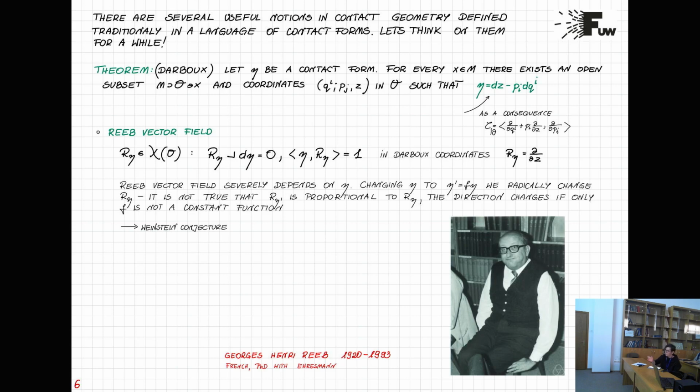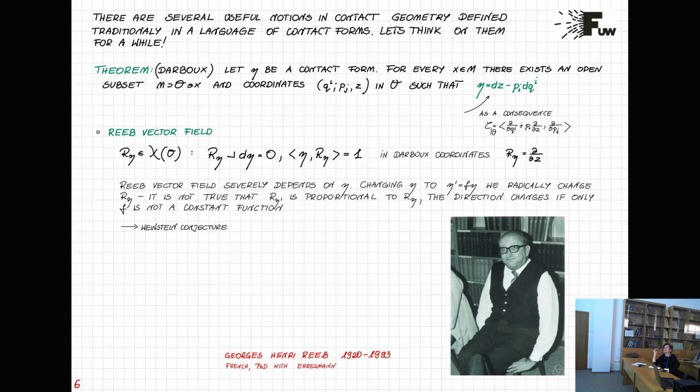We still have to fix a scale, so in a sense a length of this vector field, and the scale is fixed by stating that when contracted with the contact form itself, it should give 1. And we can easily see that in the Darboux coordinates, it is just a vector field in the direction of the z coordinate.